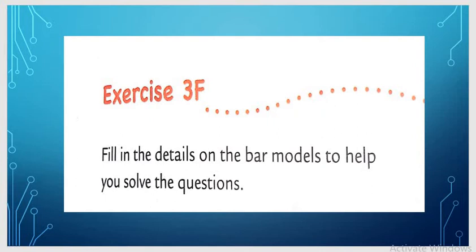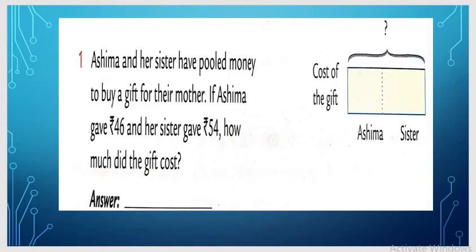So now we move on to question number 1. Let's check here. What is the first question? Ashima and her sister have pooled money to buy a gift for their mother.